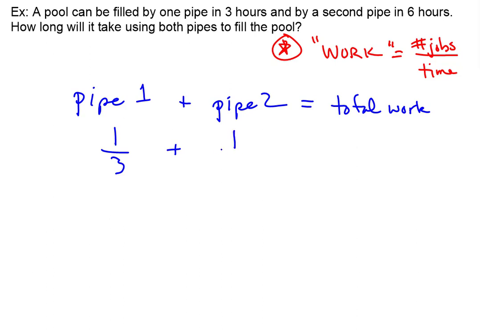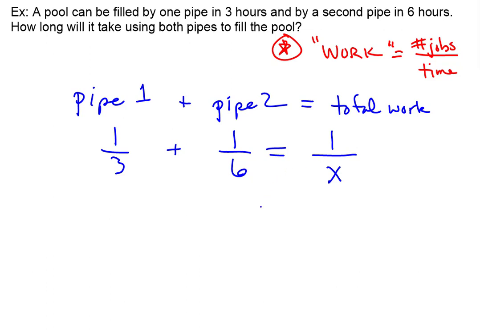So one pool in 6 hours. So we have 1/3 plus 1/6. When you combine that work, which is why we're adding it, your total work is going to be one job, one pool, in we don't know how many hours, so we call it x hours or t or whatever variable you want to use. So we have 1/3 plus 1/6 equals 1/x.